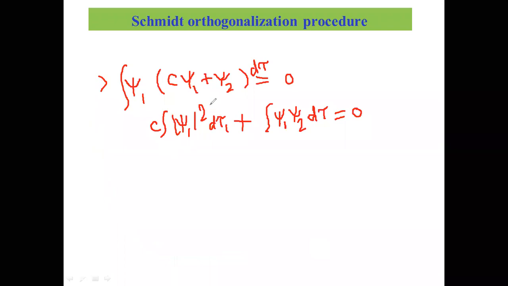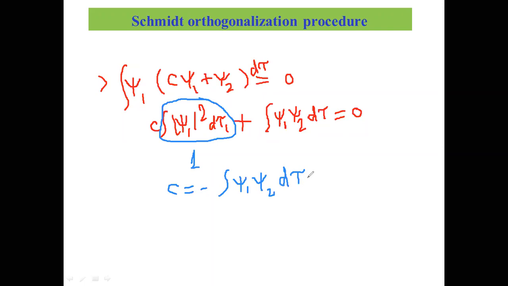So this value, if you are looking at this one, so that is nothing but your 1, right? Because that is normalized function, so that is going to be 1. So that means I'm going to get C equal to minus this part, right? So that is minus integral psi1 psi2 d tau, right?